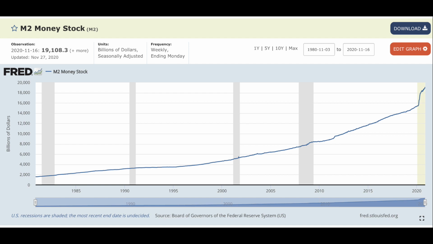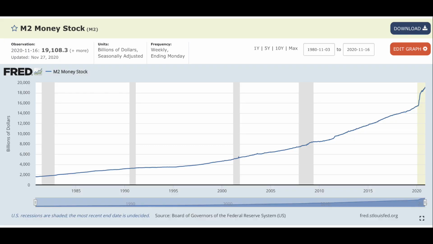There are little differences between M1, M2, M3, M4, but I don't want to get too in the weeds of that because I don't really know, to be honest. But here we can see the M2 money supply of the last number of years, and you can see that jump recently because of the Rona and all the printing because of the Rona.